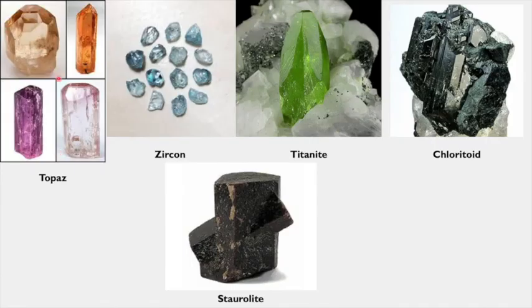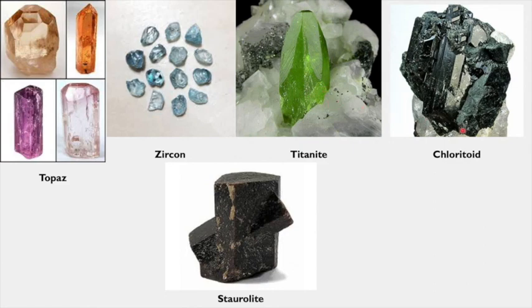These are the different colors of topaz, which is also a semi-precious mineral or gem. This is zircon. These are light blue colored zircon, and the colorless variety resembles diamond a lot. Titanite with a beautiful, fresh green color.